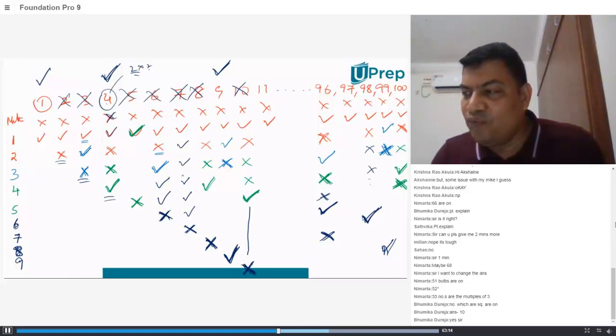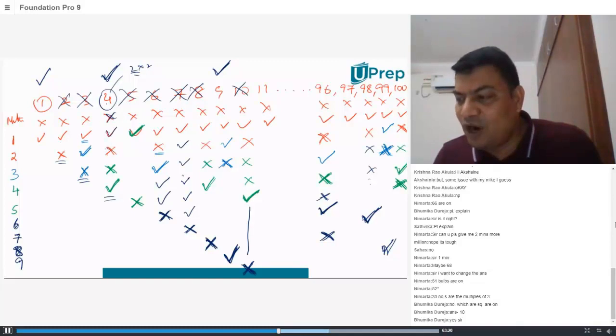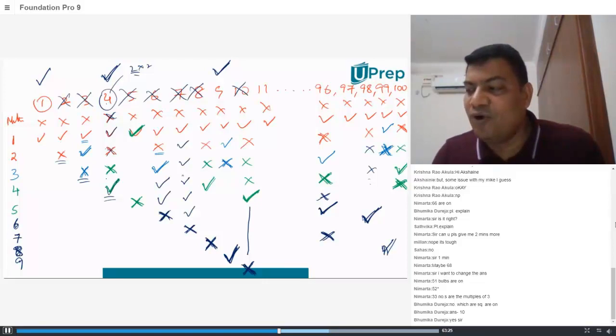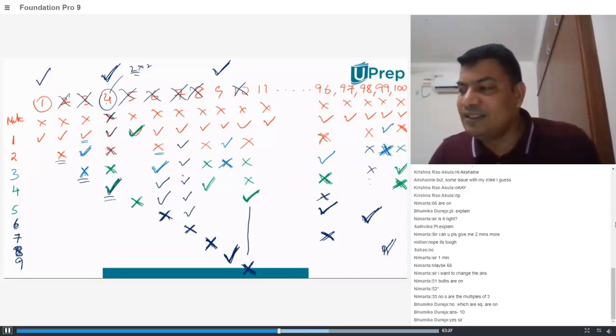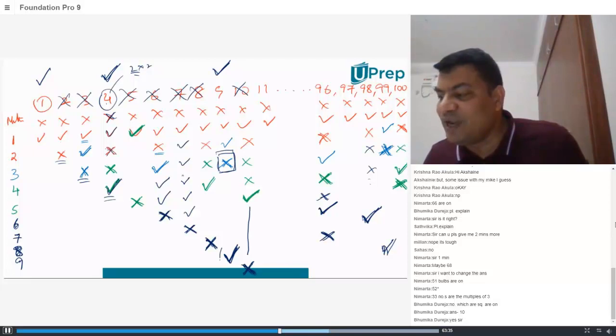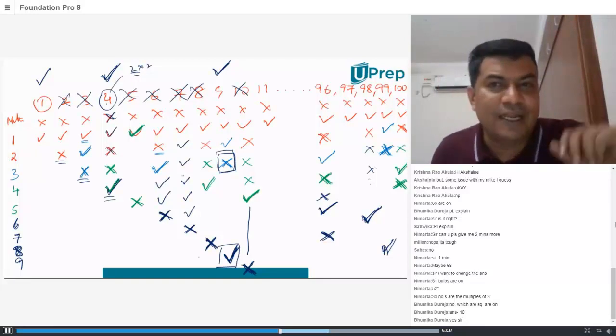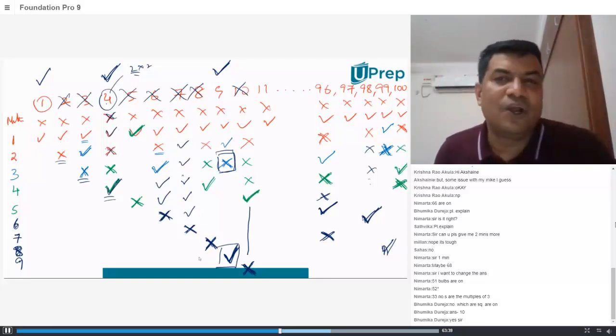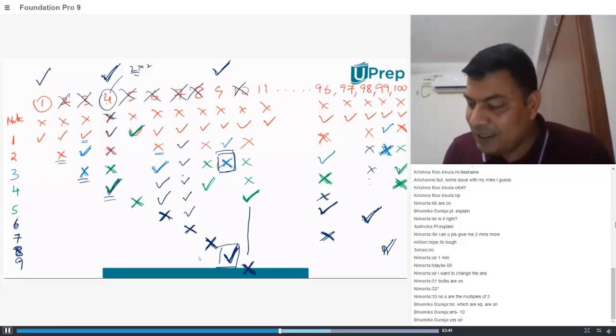When you went to multiples of 1, it got switched on, then it got switched off, and when you went to 4, it got switched on. Therefore, it remained on. Similarly, 9 got switched off when it came to 3, but it got switched on when it came to 9. Therefore, 3 into 3. So it got on because of that.